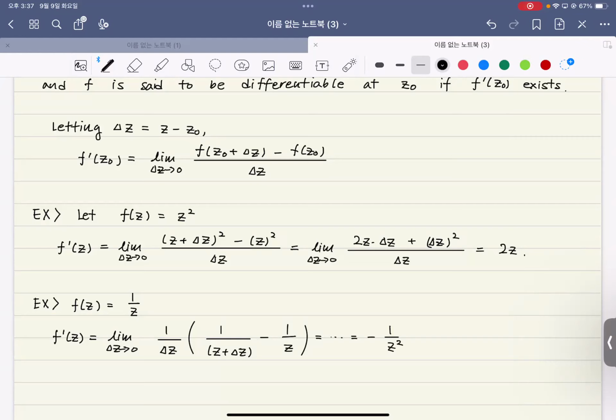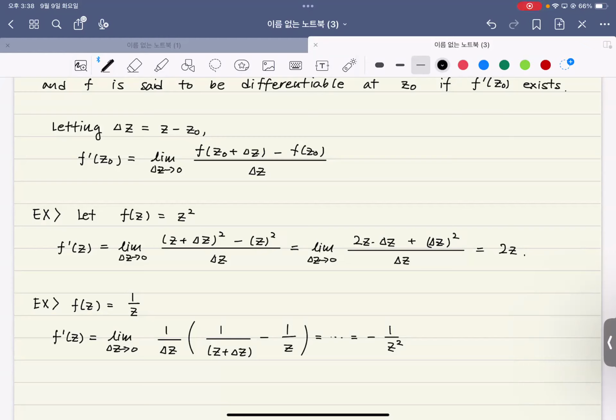How do I know that? The computation is very easy. Using the common fraction techniques, you make these two have the same denominators. You multiply the top and bottom of the first fraction by z plus delta of z, and the second by z.